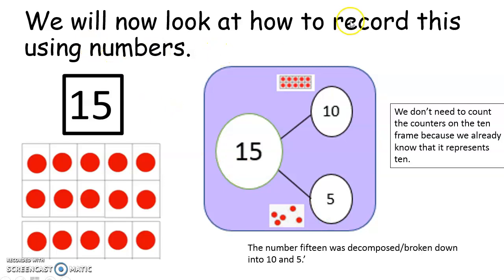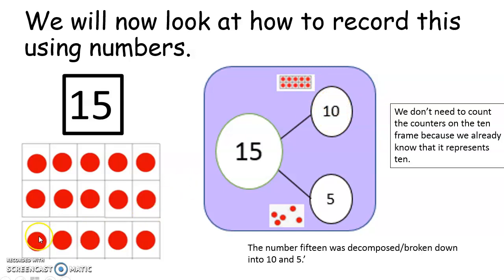We will now look at how to record this using numbers. So we know that we've got the number 15. We know we've got 1, 2, 3, 4, 5, 6, 7, 8, 9, 10. We've got one group of tens, so automatically we put that 10 here.